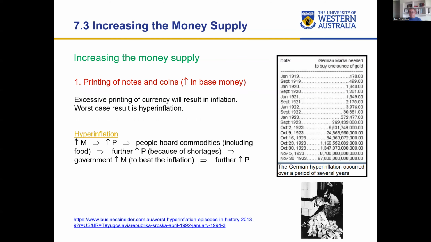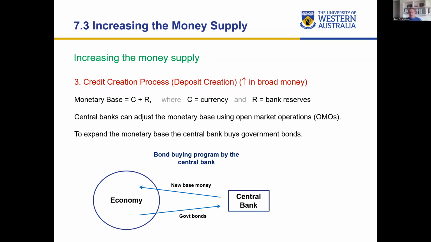To explain this credit creation process to you, I'm going to consider the injection of an additional $10 billion into the economy by the central bank. That injection of $10 billion will then trigger this credit creation process.